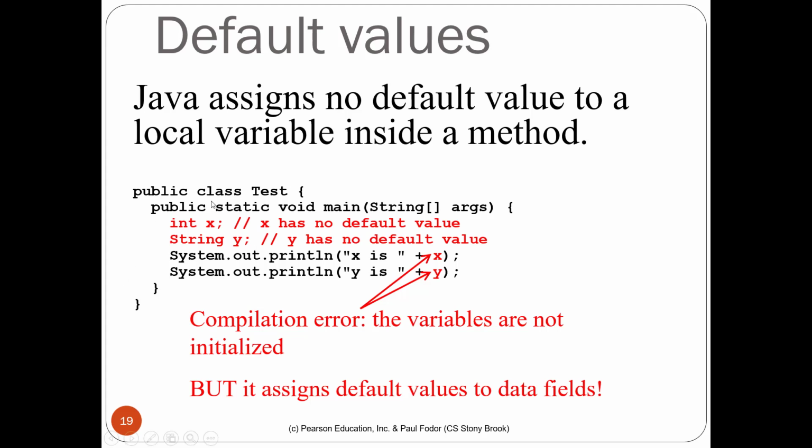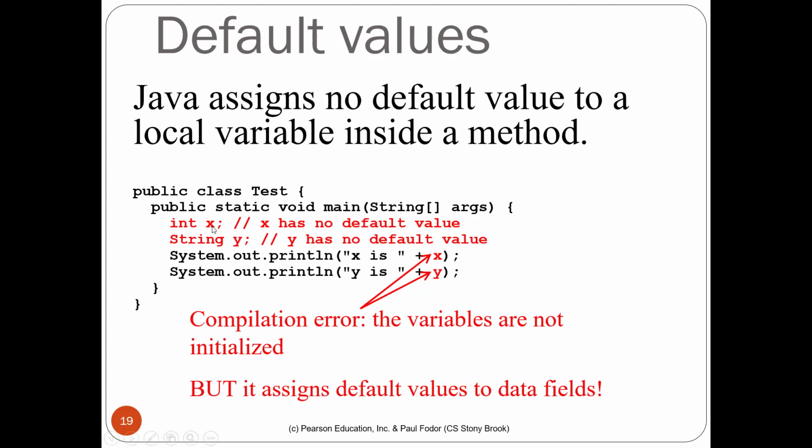So right here we have a simple class. We're calling that Test class, and here we have a main method, and in the main method I have integer x and string y, and then we are trying to print x and y. Okay, so if you remember, this attempt of printing x and y would result in a compiler error because the compiler forces us to initialize these values.